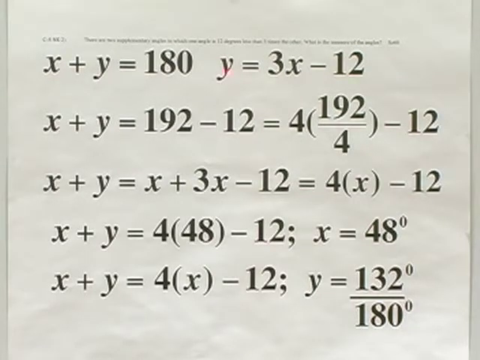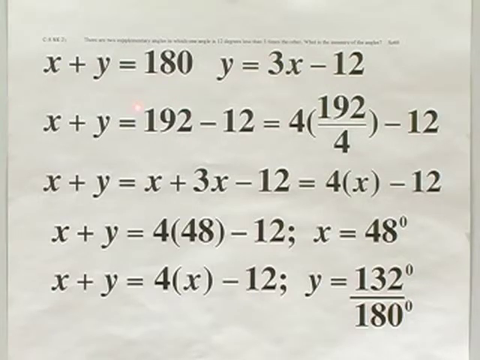Then there's a y on this left-hand side, and there's an x on this left-hand side. So I want to match that. What I'm going to do is add x to both sides. X plus y equals x plus 3x minus 12. This is going to be 4 when I add it. X and 3x is 4x minus 12.